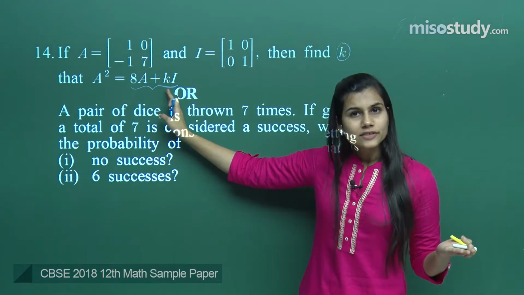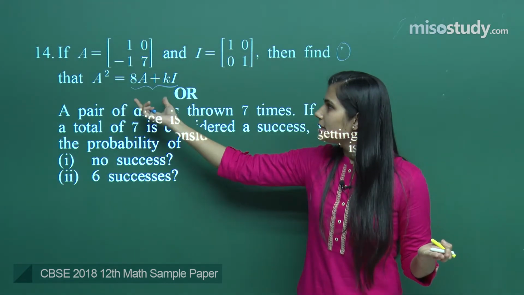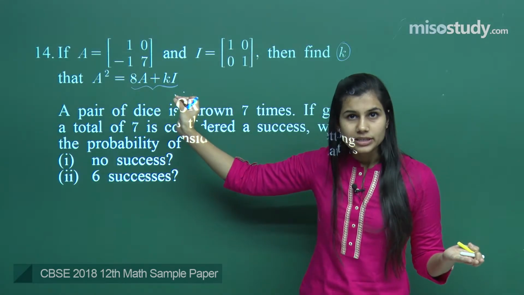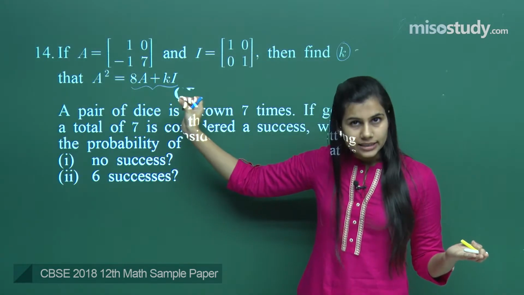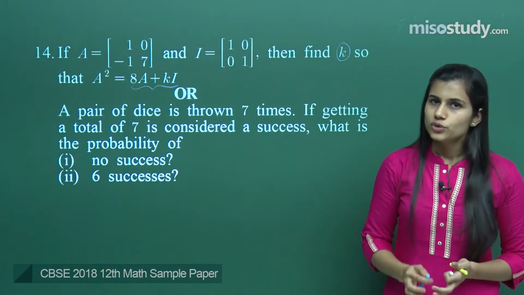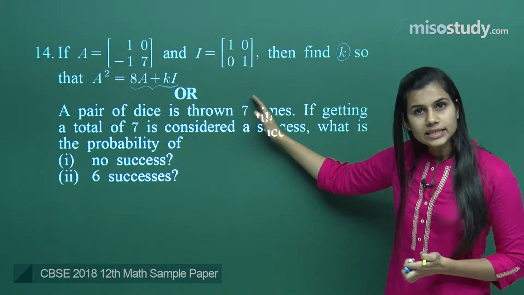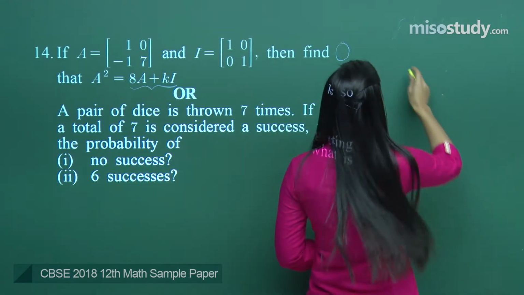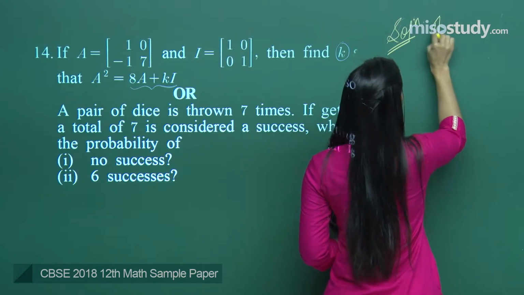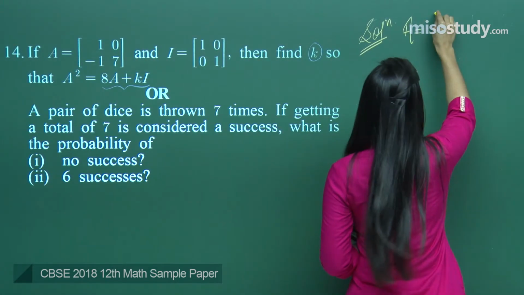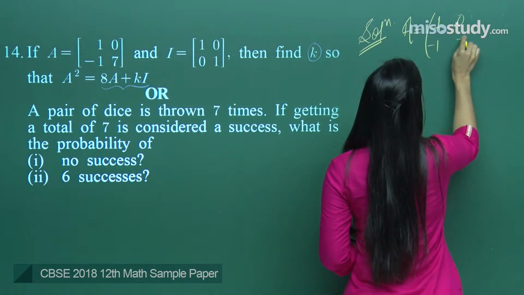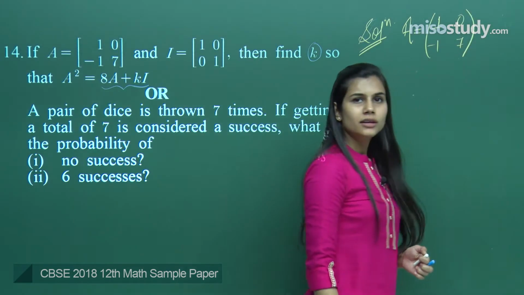So if I plug in that value of K over here and I obtain the matrix 8A plus that many times, whichever is K, that many times identity, I obtain the matrix equal to A square. So let's get started. This is something very, very easy. So the 14th question, it's giving you a matrix A which is 1, 0, minus 1 and 7.